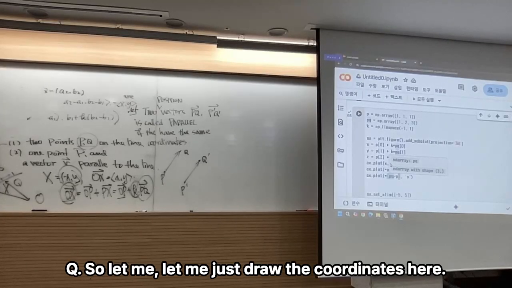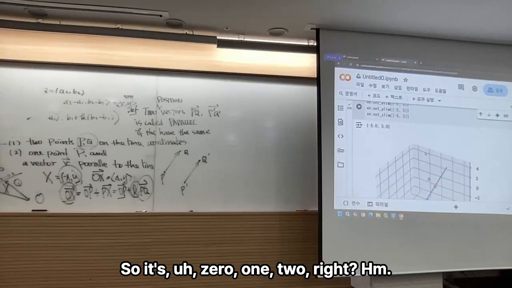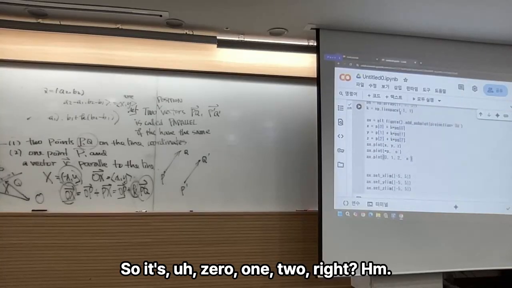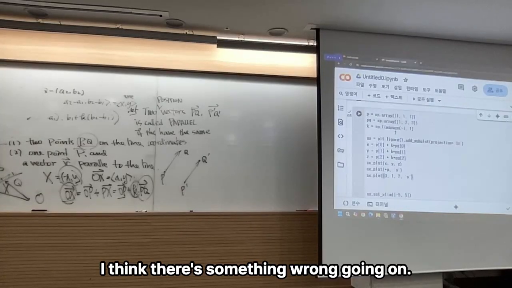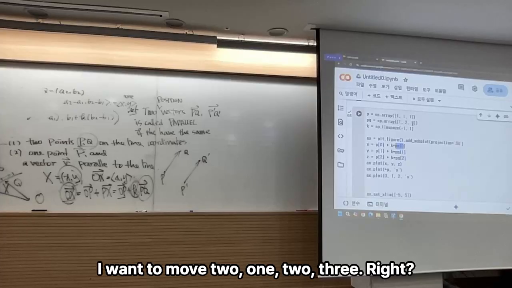So let me just draw the coordinates here. So it's 0, 1, 2, right? I think there's something wrong going on. So we have P 0, 1, 2, 3. I want to move to 1, 2, 3, right?